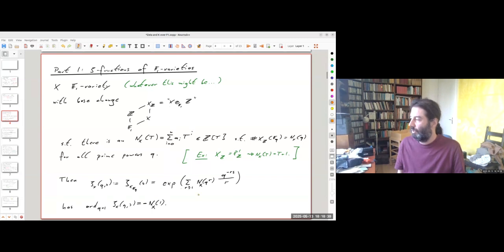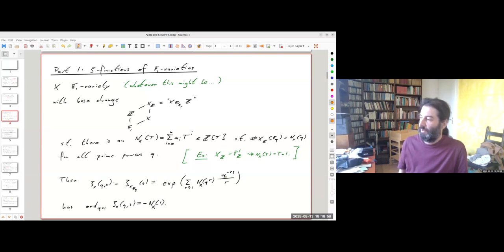It's just the exponential of the infinite series where we take points over FQ to the R. So we just count points with our counting polynomials times Q to the minus RS over R.